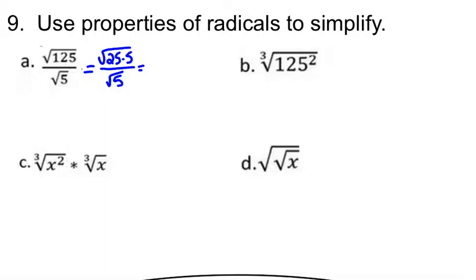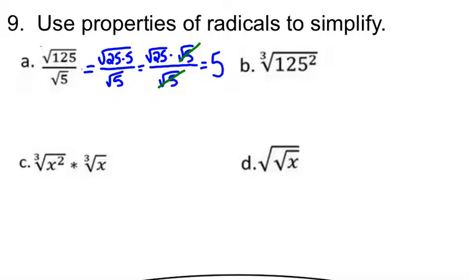And because of the properties of radicals, I can split this up. This is the same thing as the square root of 25 times the square root of 5 over the square root of 5. Now notice we have a square root of 5 top and bottom. Those will cancel. And we're just left with the square root of 25, which of course is 5, our final answer.